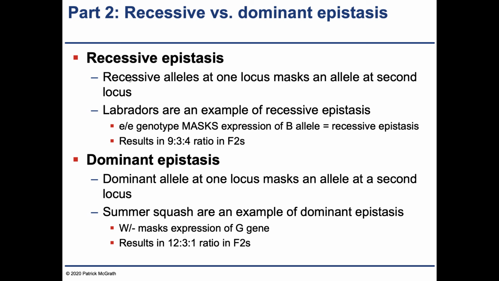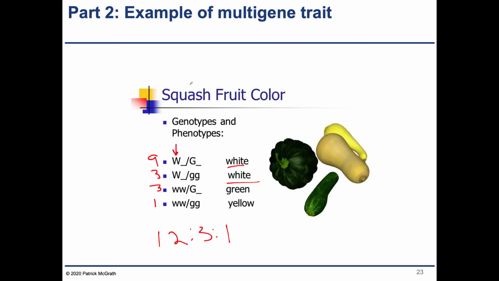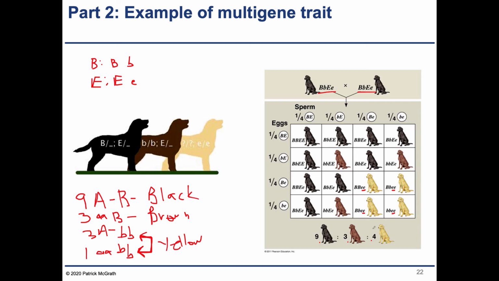Recessive epistasis occurs when the recessive allele at one locus masks the effect of the second locus. Why are Labradors an example of that? Because if you have the recessive genotype of e, it no longer matters what your big B is. You are always a yellow lab. So it masks the effects of the other gene.